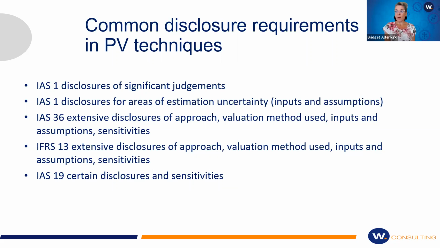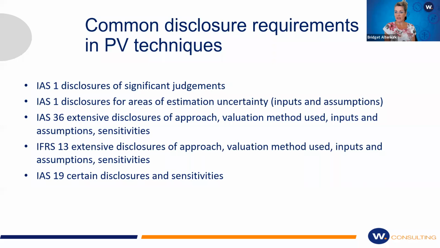Because you will see that when we are going through the guidance for present value measurements, there are a number of inputs which do require management to apply their judgment, and there are a number of inputs which require management to apply some form of estimation technique. They may need to estimate the future cash flows. They may need to estimate the discount rate. They may need to apply judgment in making certain changes to the discount rate.